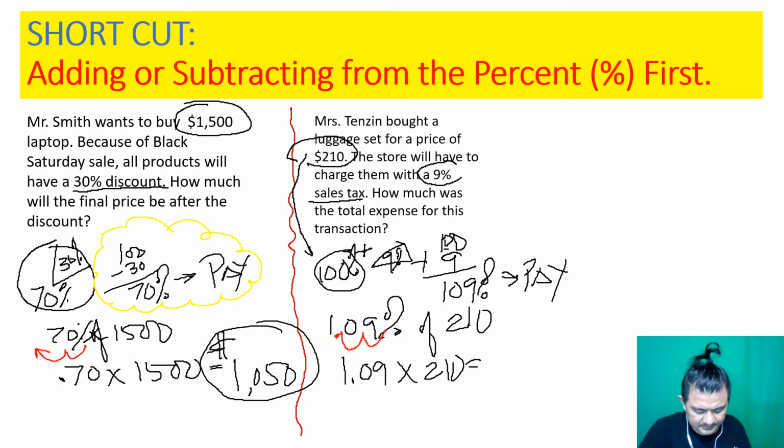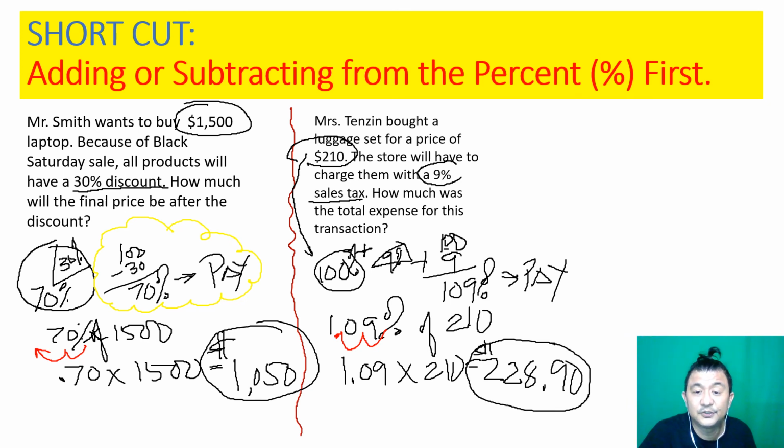So 210 times 1.09 gives me 228.90. Okay, so this is the final amount that you need to pay. There is no need to do another step of adding because we've done that already. So take note, if we're talking about tax, you can add the percent to the 100 and you will already know what to pay. These are the shortcuts, and now we will apply it to the following problems.